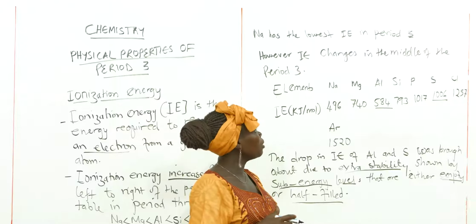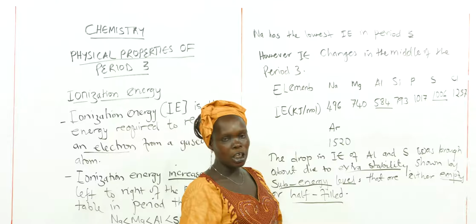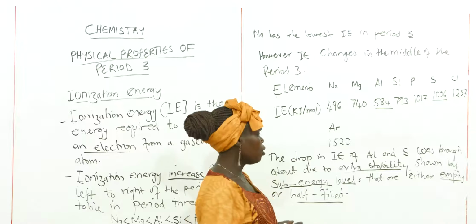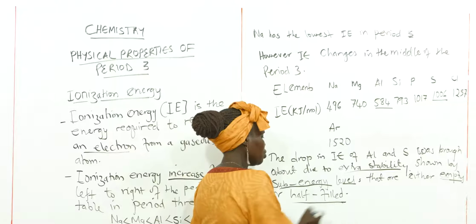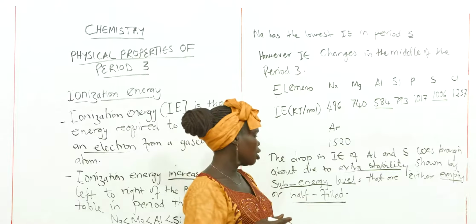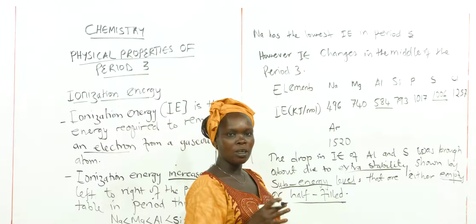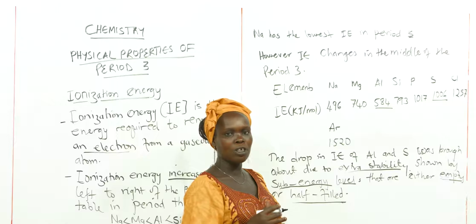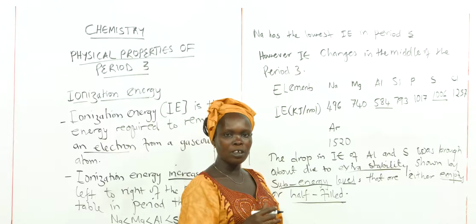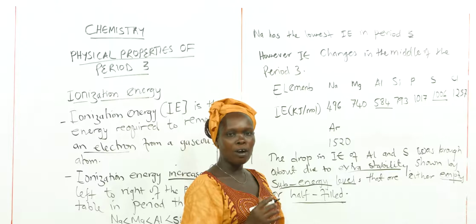We have a drop in the ionization energy due to the following two reasons: either empty or half filled. We need to remember that these are the shells where any orbital should be occupied by a pair of electrons.